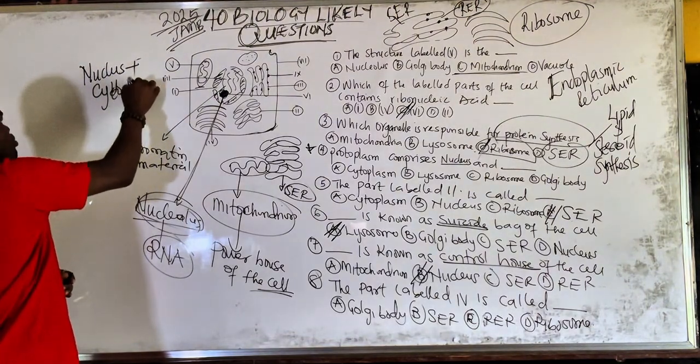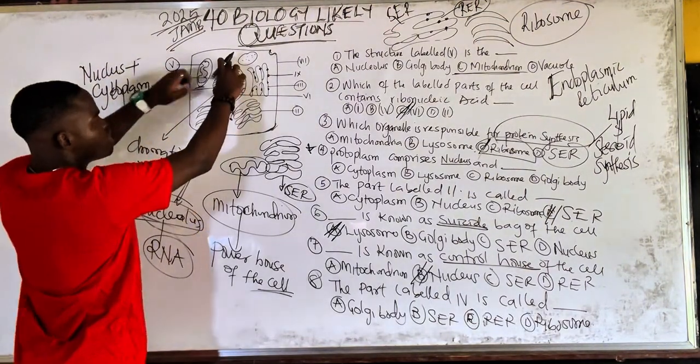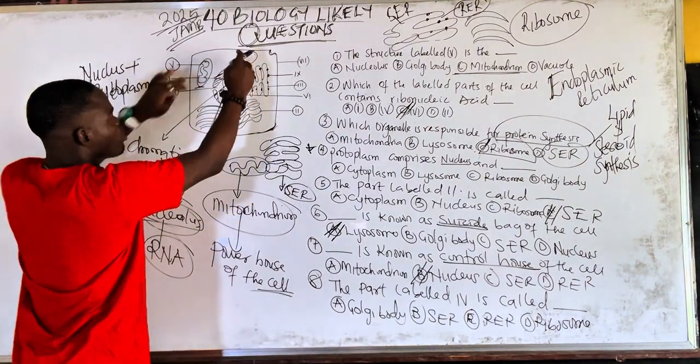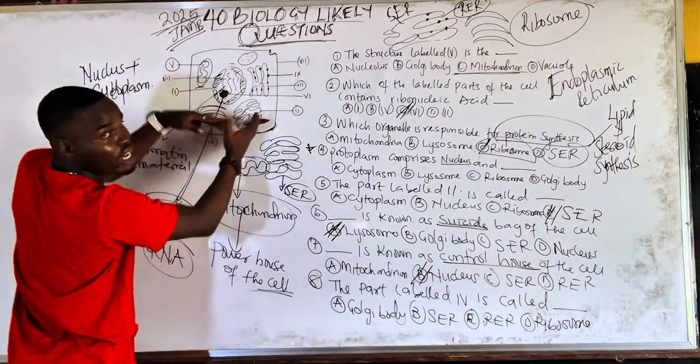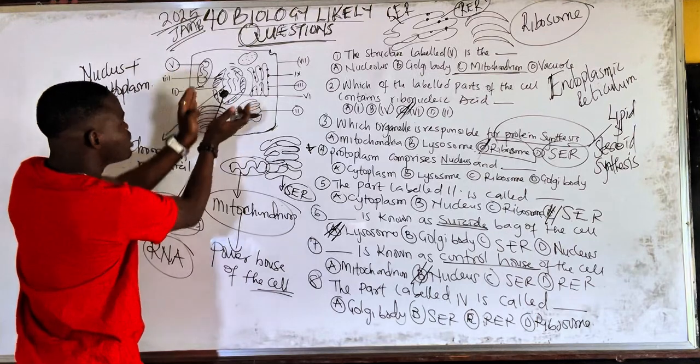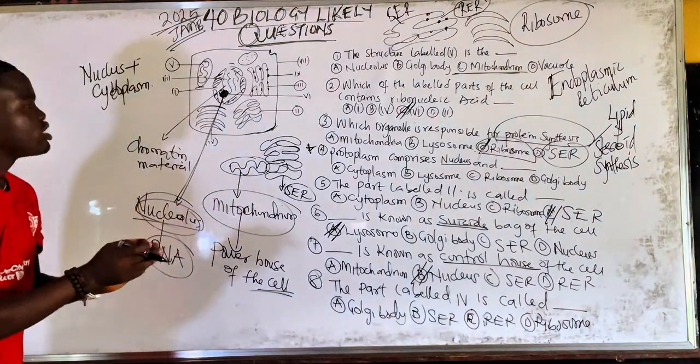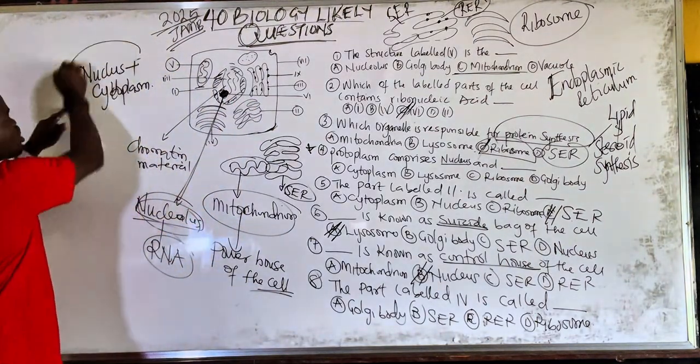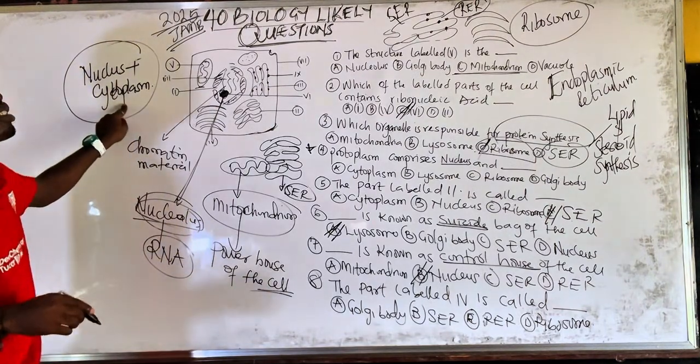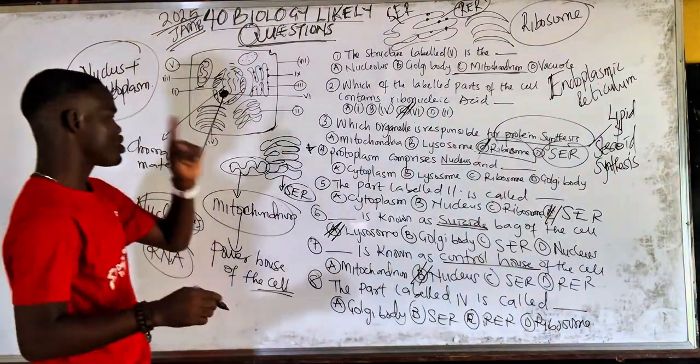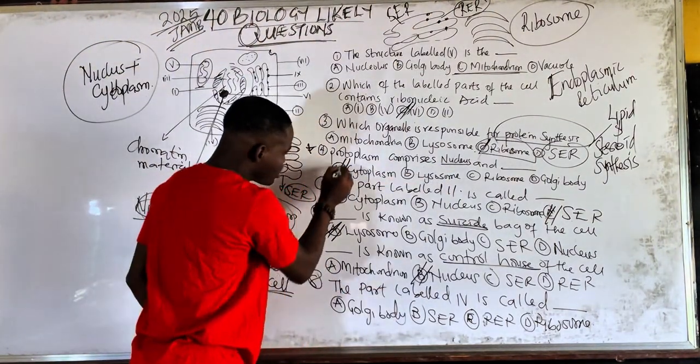Cytoplasm. Just like you can see, this part is the nucleus, while the part where other organelles are embedded is the cytoplasm. So that is why protoplasm is a combination of nucleus and cytoplasm. So the answer to this question is a combination of nucleus and cytoplasm.